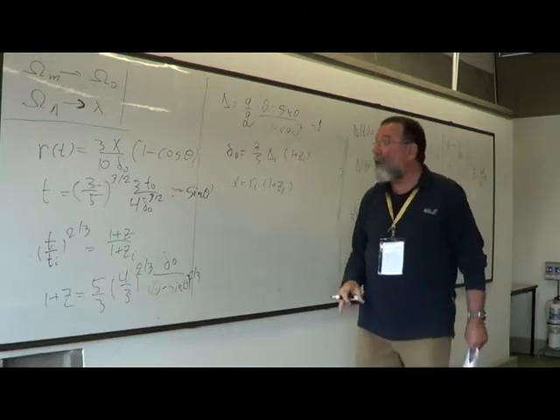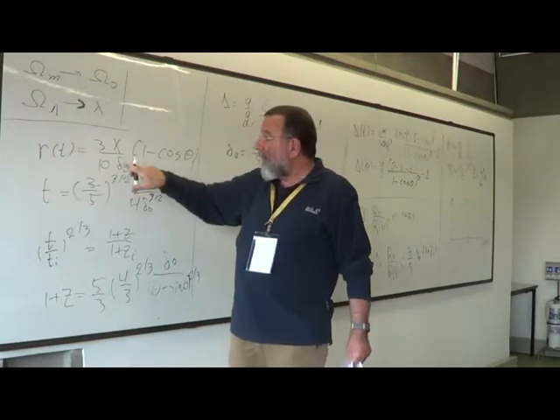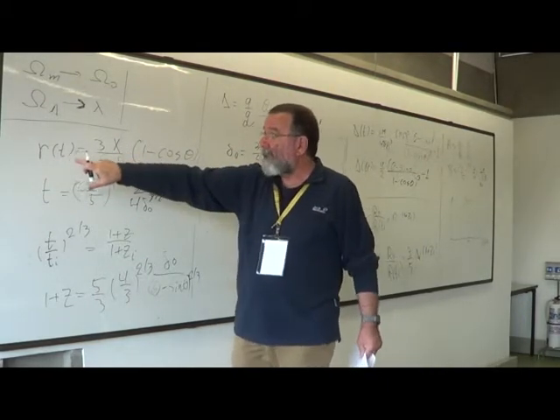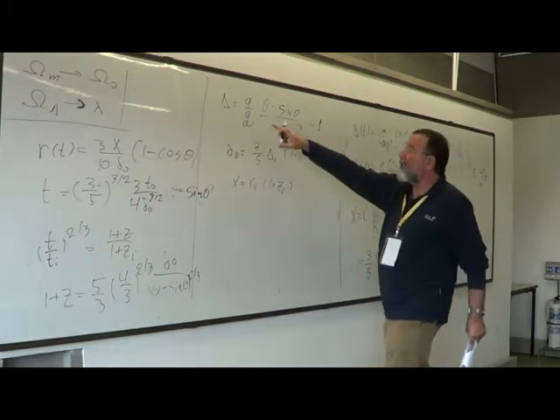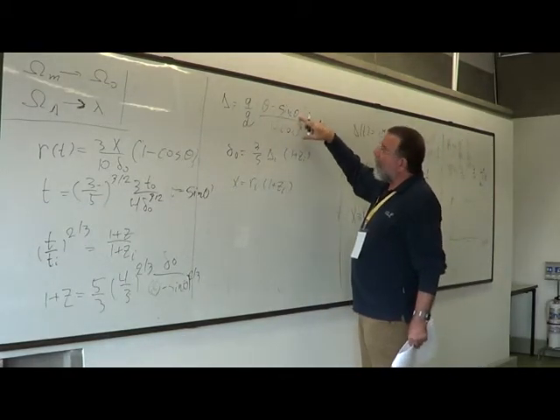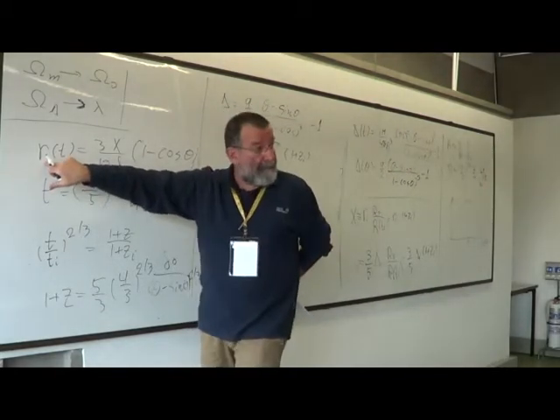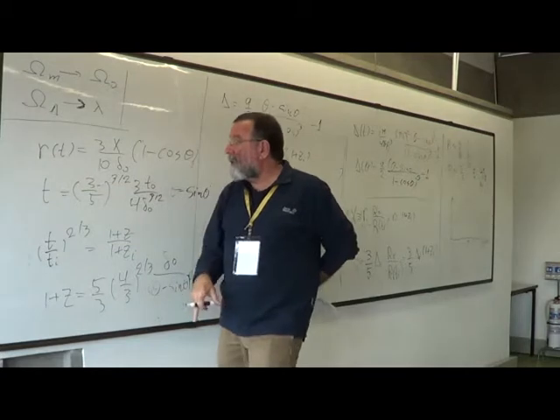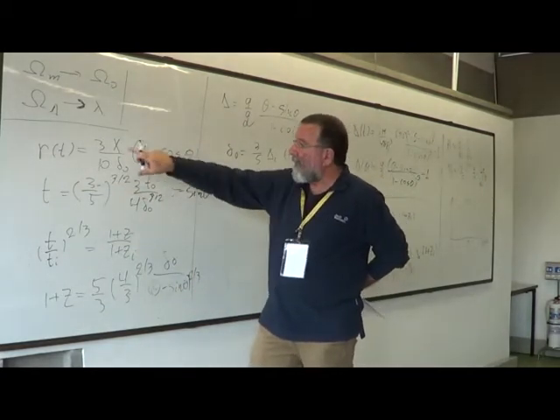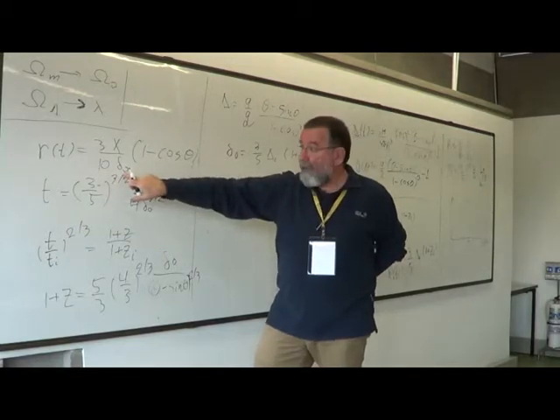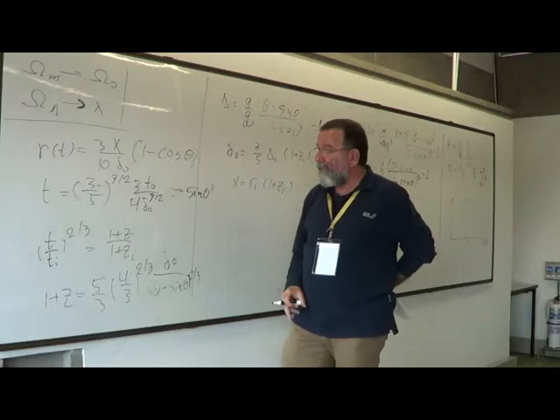If I want to see how the radius is changing, this quantity is dimensionless and depends only on theta, so I have to express the radius in terms of theta, x and delta naught. Time is the same story, and the rest follows.